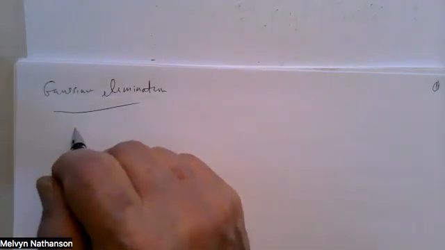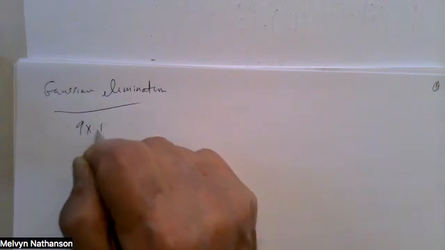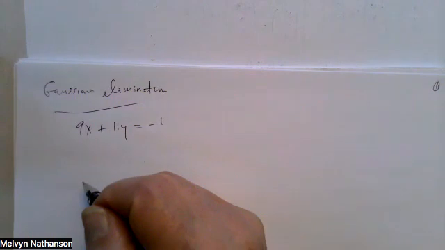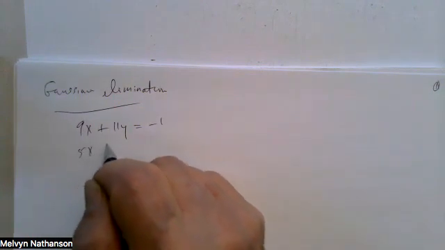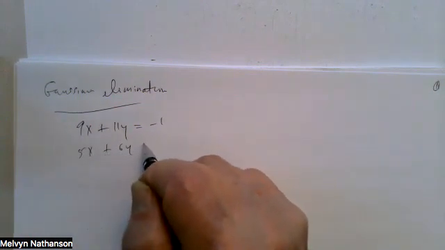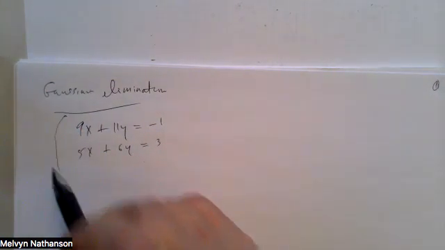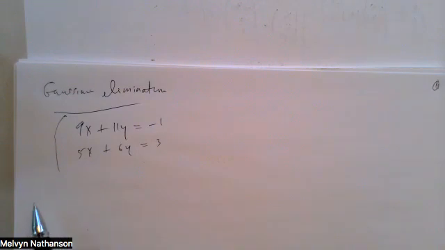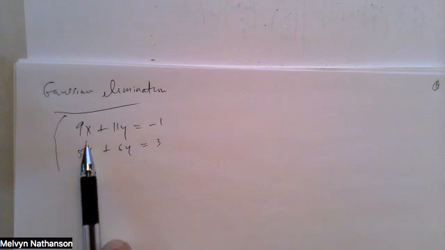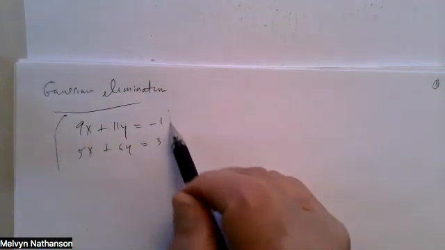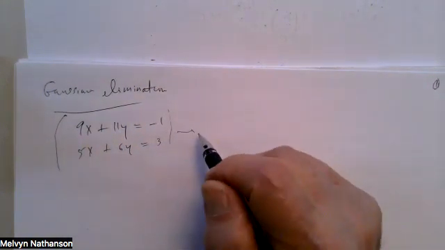So here's a system of equations. 9x plus 11y equals minus 1, and 5x plus 6y equals 3. So look at the first variable, which has a non-zero coefficient, that's x, and it's already in the first equation.